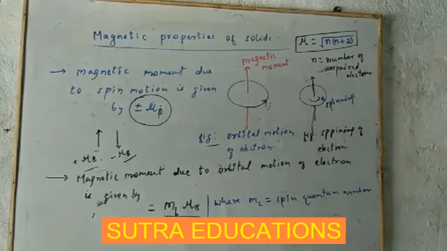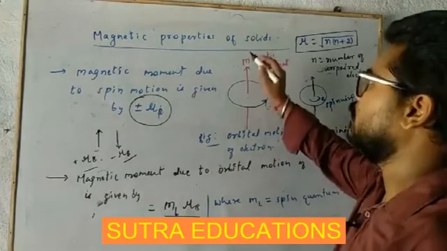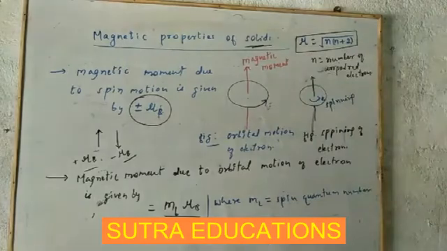Okay, so these were very basic, fundamental things. Now we will be discussing the types of magnetic properties of solids.